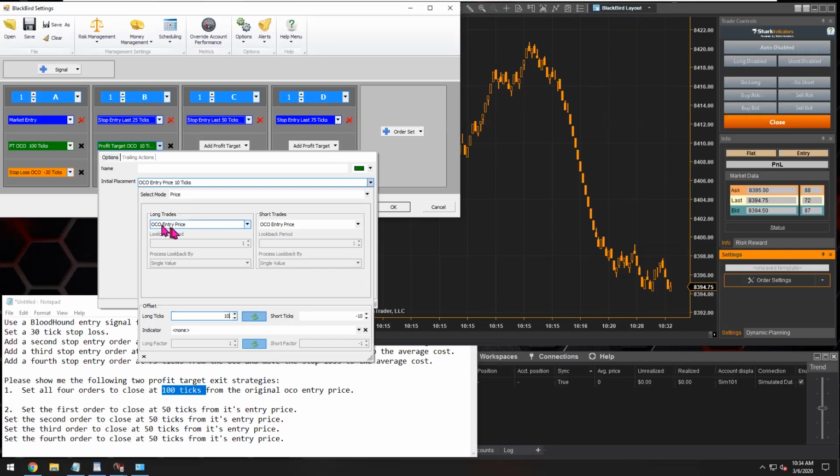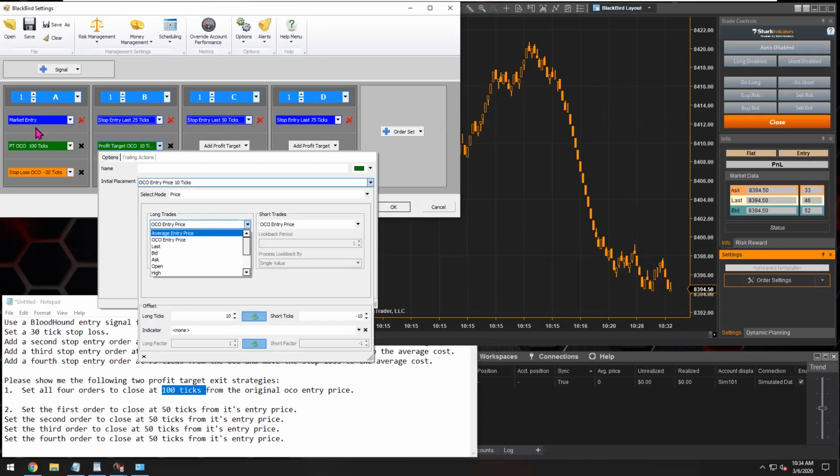This would be the entry price of this stop entry here for B. And we also have the average entry price, so that'd be the average entry of A and B. But what we need is a third option here.